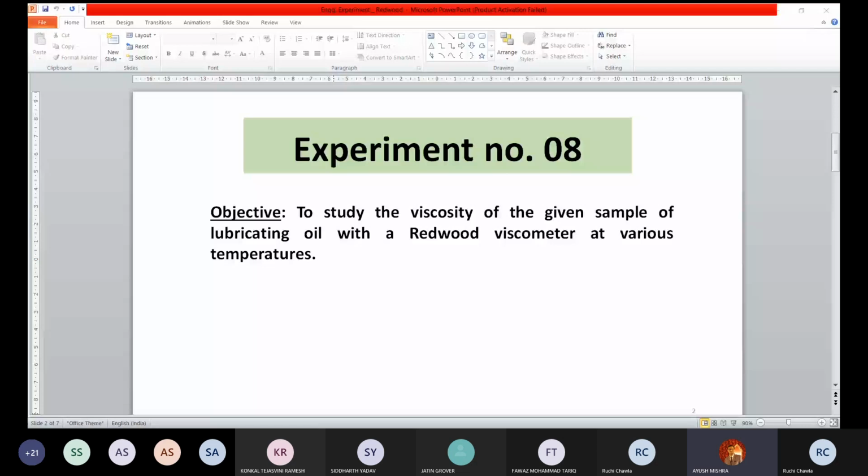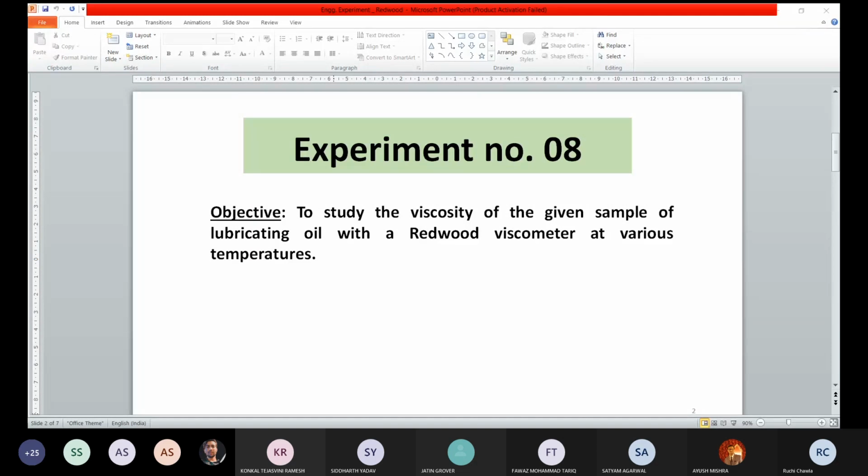Ma'am, it is basically resistance towards flowing. Yes, resistance, or you can say the frictional force between the layers of any fluid, or in our case, the lubricating oil. So the frictional force that is offered between the layers of any fluid, that you call as the viscosity.